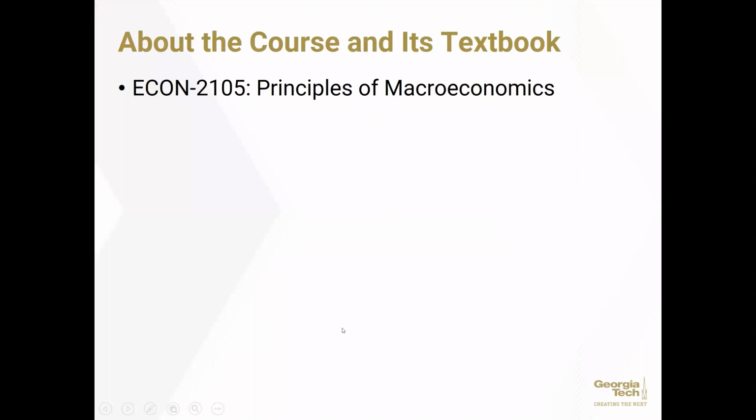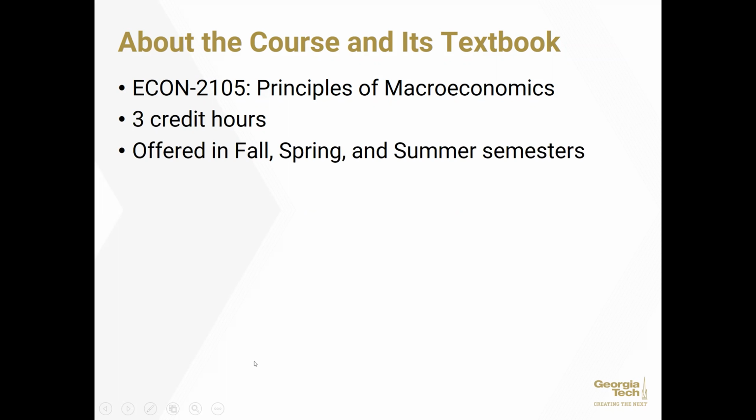So first of all, I would like to give you a little bit of background information about the course and the textbook I use. This course, Econ 2105, is one of the 4 economics courses offered at Georgia Tech. It's a 3-credit-hour course offered 3 semesters a year.